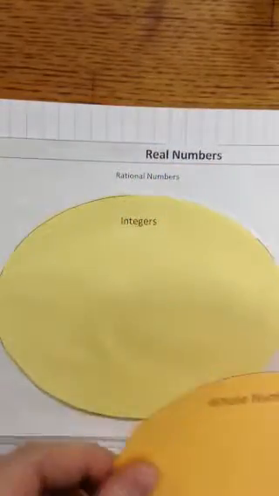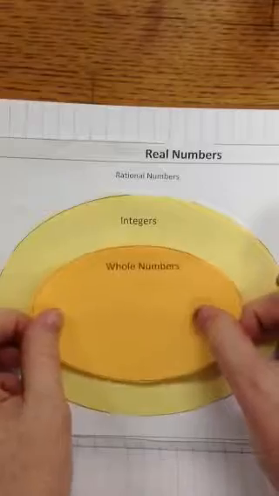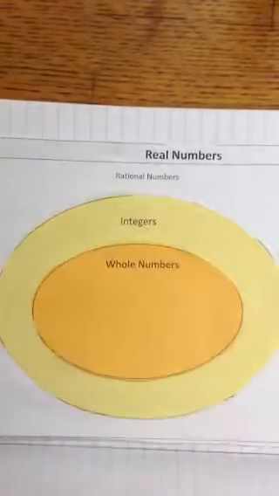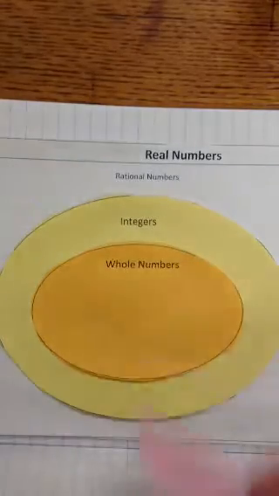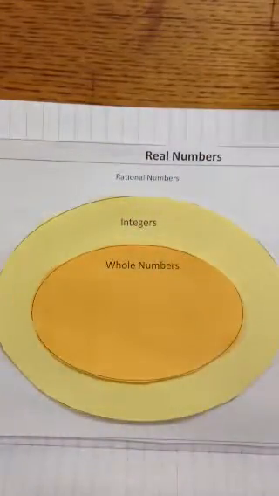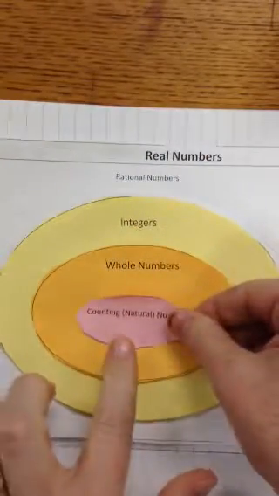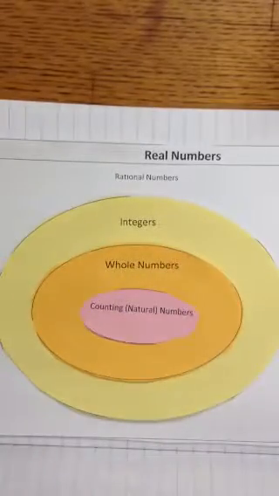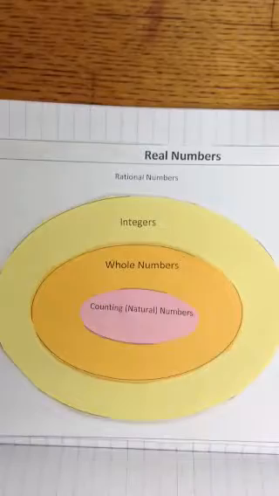You've worked with whole numbers for a long time, ever since you were in elementary. The last one you're gluing down here is the pink one. This group has 2 names, so it can be called the counting numbers or the natural numbers.